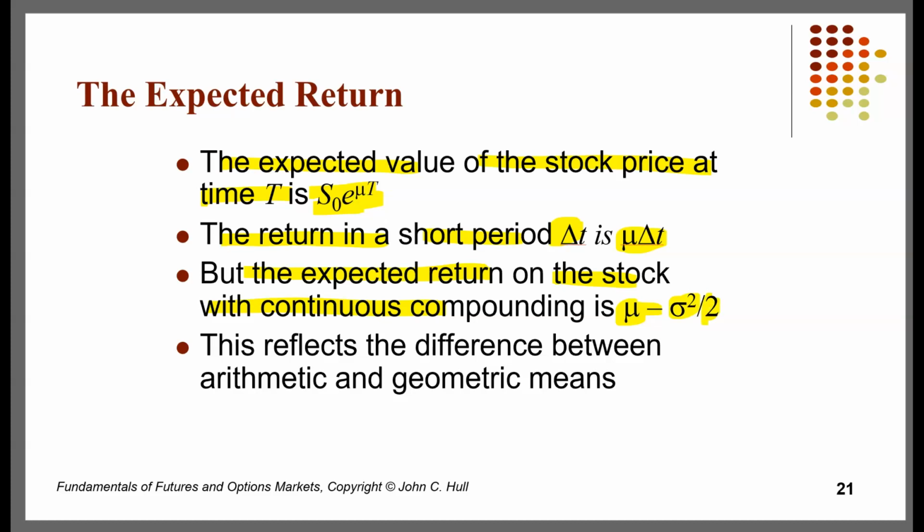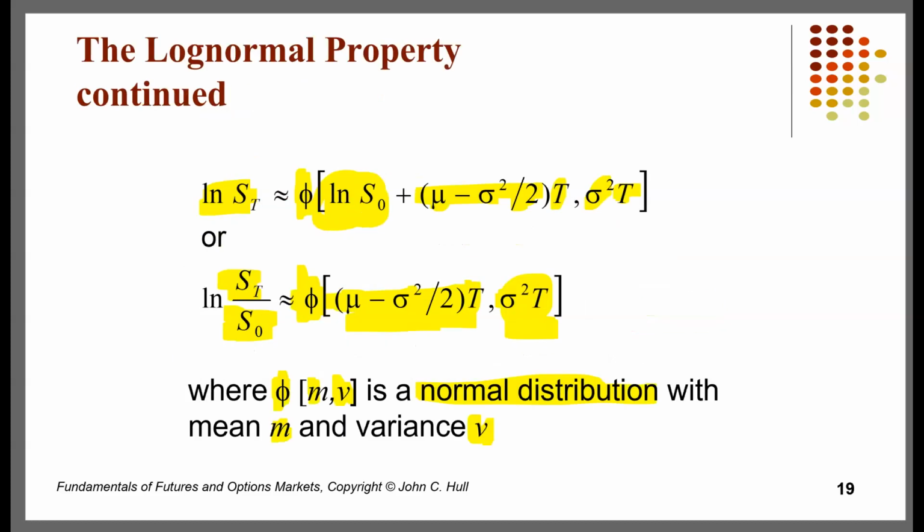And the reason for that is because when you're working with geometric return, you know that the geometric return is always going to be lower than the arithmetic return. And so when you're working with a short time interval, you're really just looking at the arithmetic return. That's what this is going to be. But the geometric return is truly going to be that. And that's one reason why you are using this term here, right?